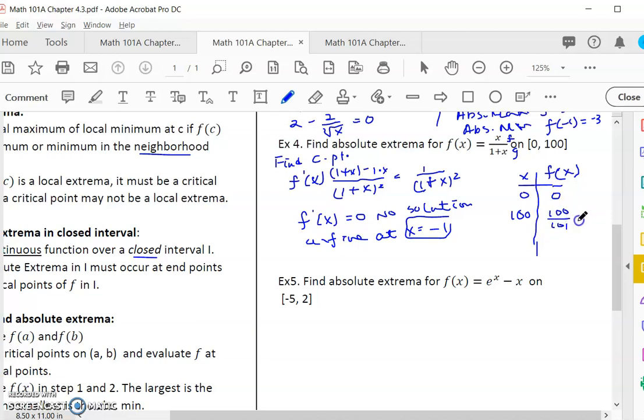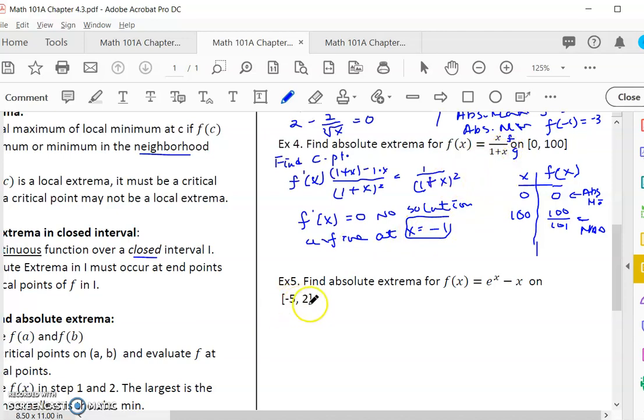Of course, this is the maximum, absolute max, and this is the absolute min. Okay, so there are cases where your critical point is not in the interval, and you don't need to take care of it. As a matter of fact, x equal to -1 is the discontinuous point.